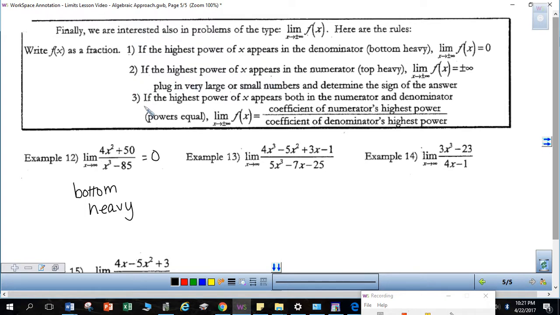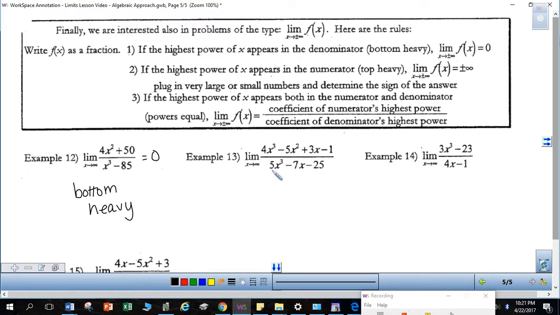Okay, the next one, we are going to come back to this. Let's look at the third rule. This is similar, again, to what we did with our horizontal asymptote. If the highest power of x appears in both the numerator and denominator, meaning that they are the same degree, the limit is the same thing as what we would do for the horizontal asymptote: the leading coefficient of the numerator over the leading coefficient of the denominator.